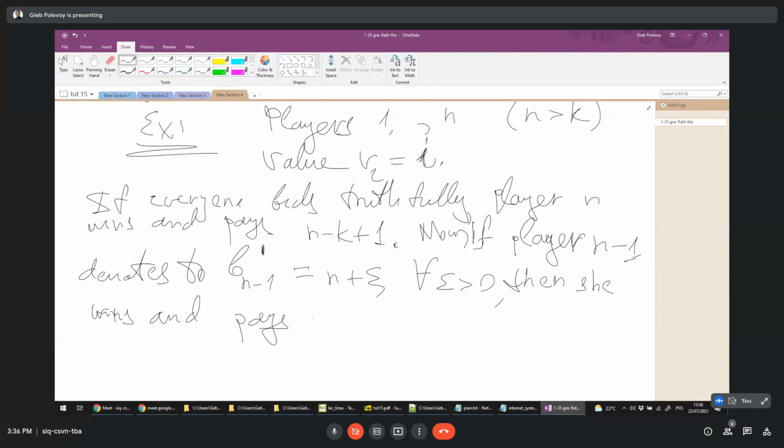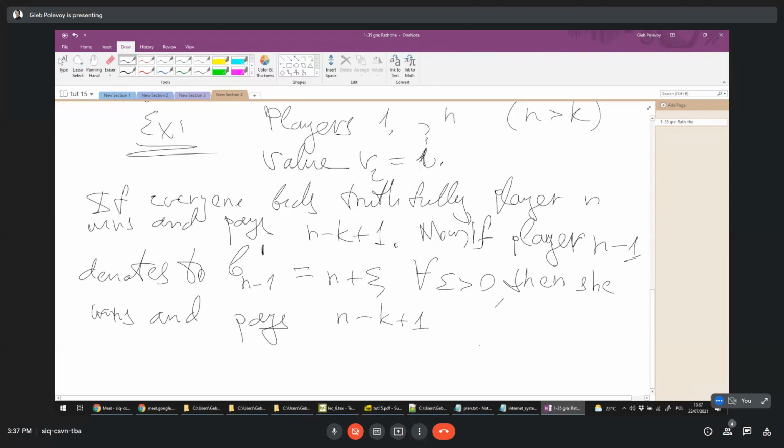Because now her position is shifted in the bidding order. The previous first player is now second, and the other players maintain their positions. Exactly. Yes, but her value is n minus 1, so she profits. She pays the k-th, right?